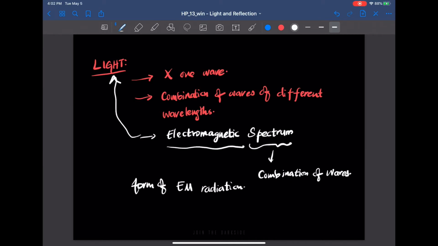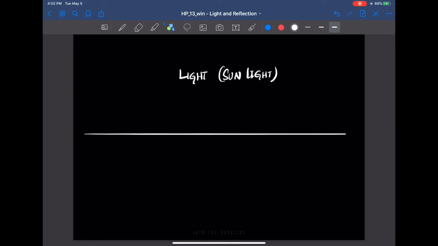Remember that what we call light is generally visible light. What does that mean? If you take light from the sun, for example sunlight, it can be classified into different spectrums.